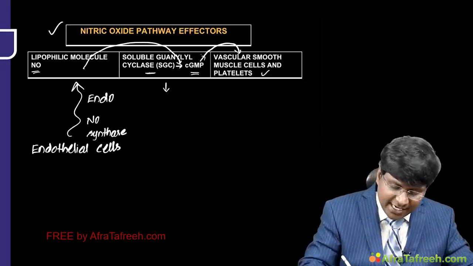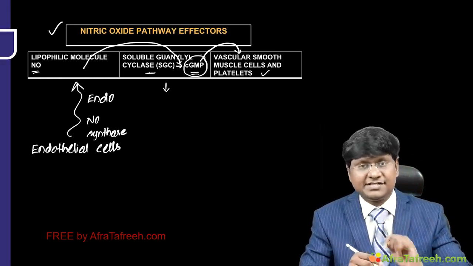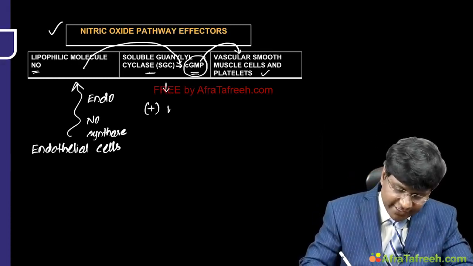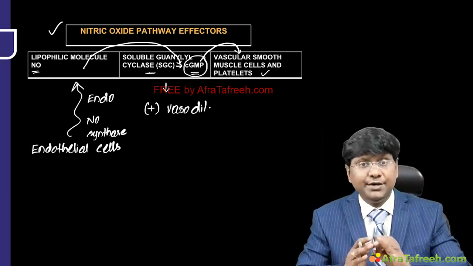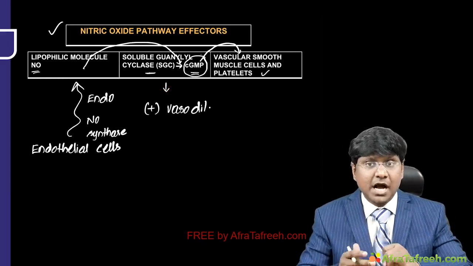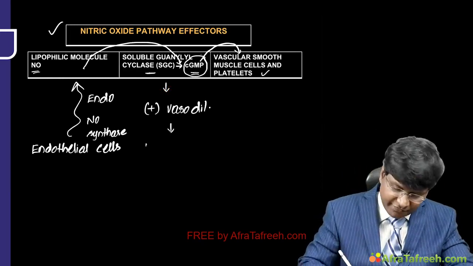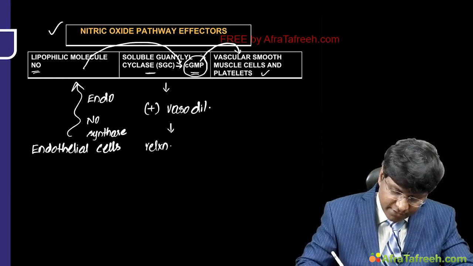Now, what is the advantage of cyclic GMP? Cyclic GMP is a second messenger. What it does is induce vasodilatation. How will it cause vasodilatation? By causing relaxation of arterial smooth muscle cells.